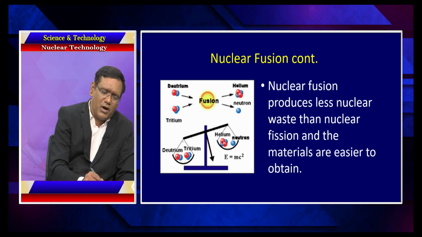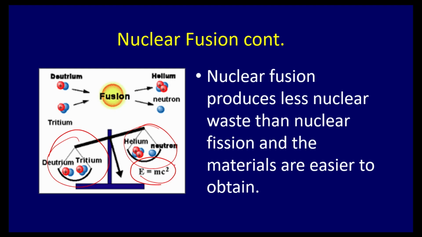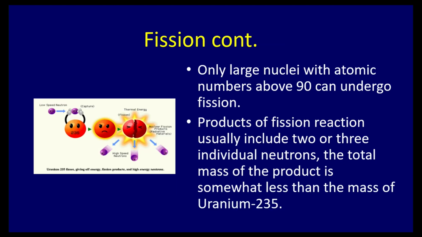You need to remember this. And here the mass of deuterium and tritium combined is higher than the helium and neutron, so some mass has been lost. That lost mass is converted into energy with the help of this formula.